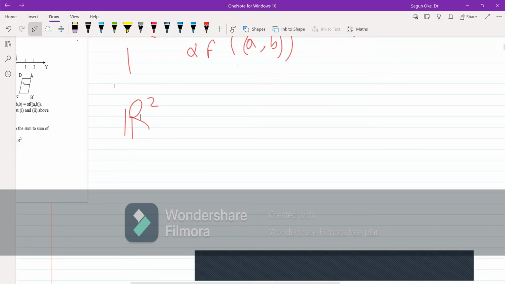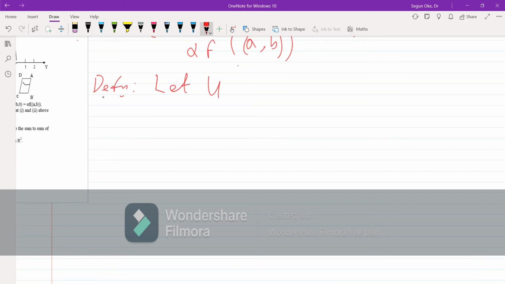The definition says, let U and V be vector spaces over a field F.